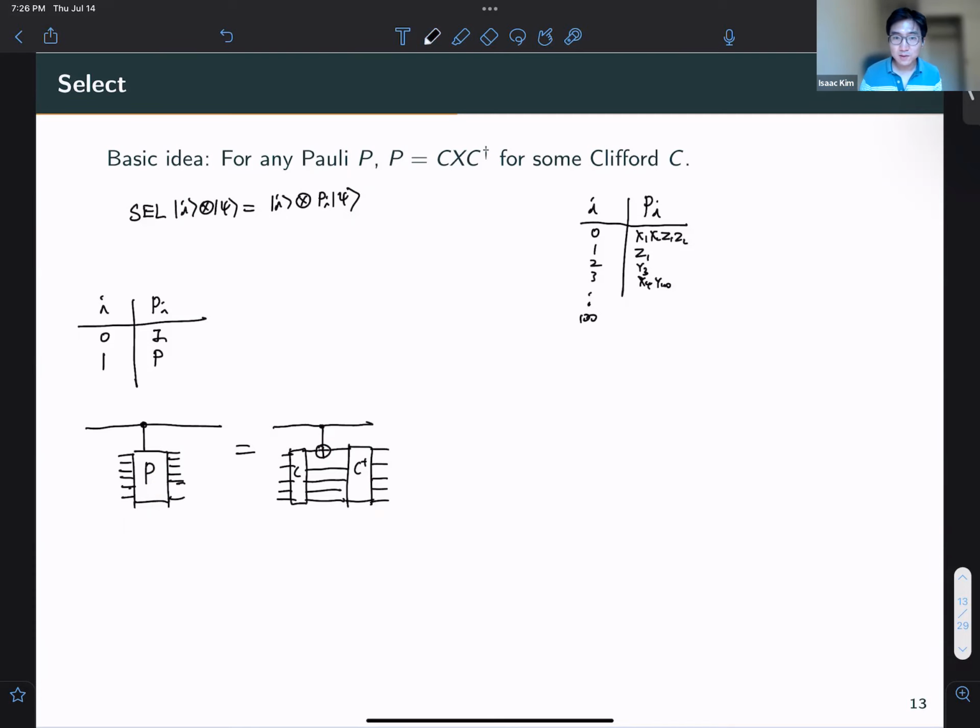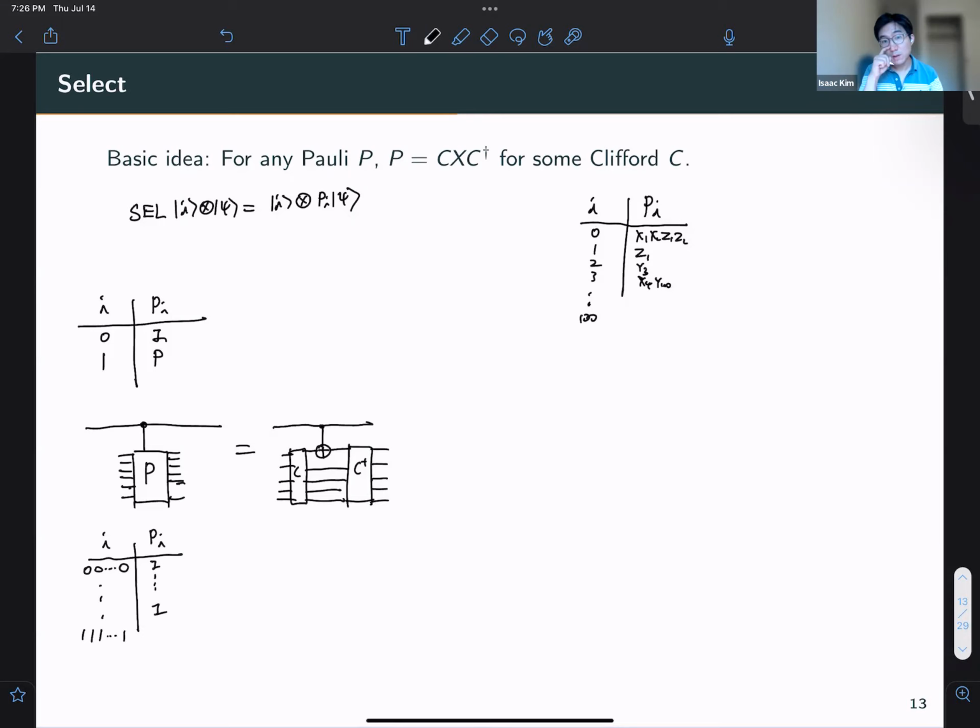What about some other cases? What if we have more than two Paulis? To that end, let me give you another example of a lookup table. This lookup table is specified in terms of some bit string, and for everything you get identity, except for a single bit string.